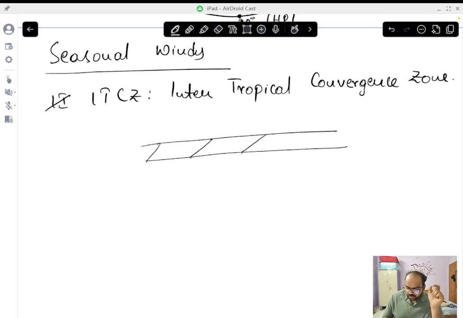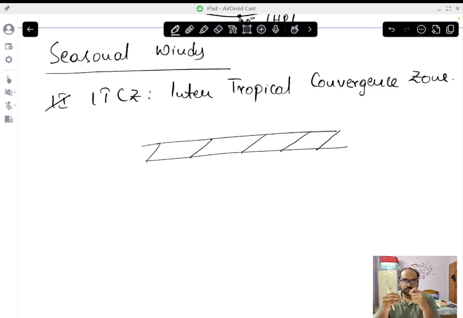That means intense low pressure is formed at that region due to high temperatures, and intense convergence happens. As it is low pressure, winds from high pressure areas travel towards this low pressure and rapid convergence happens in this zone. So it is called the intertropical convergence zone.